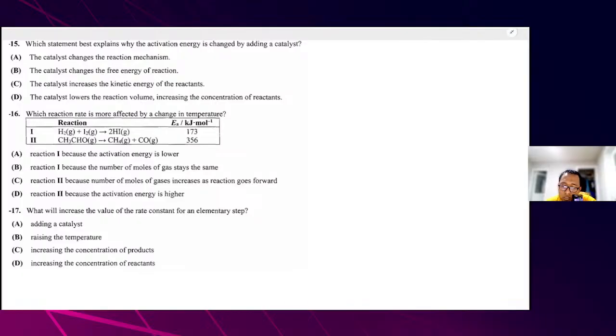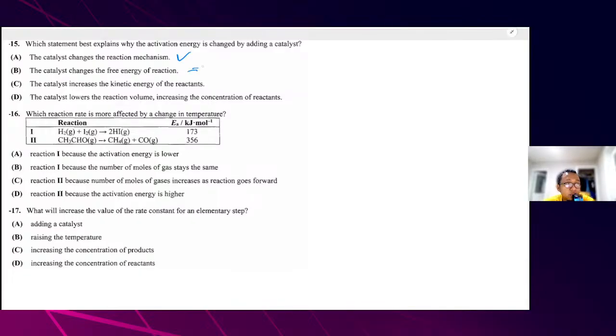Yes, change the reaction mechanism. Okay, best, so the answer will be A. They will try to find an alternative way, kind of like changing, just an alternate pathway.